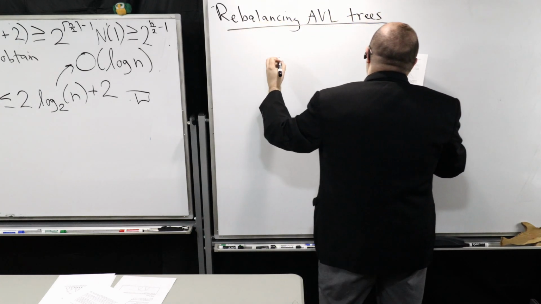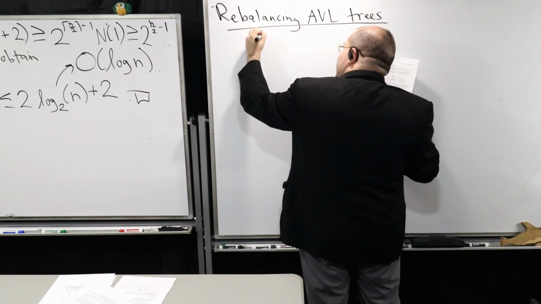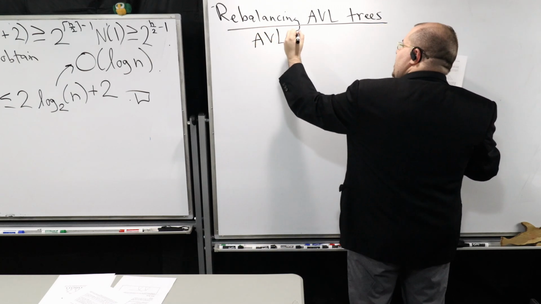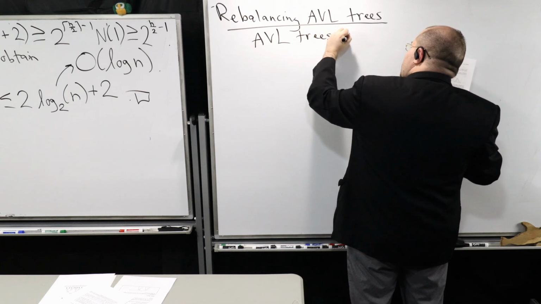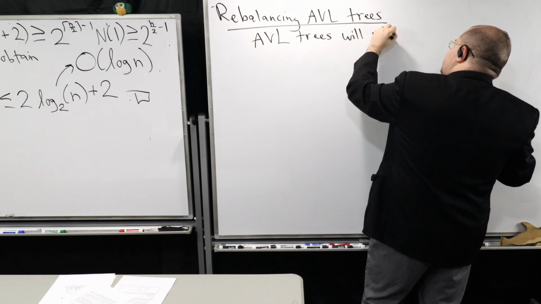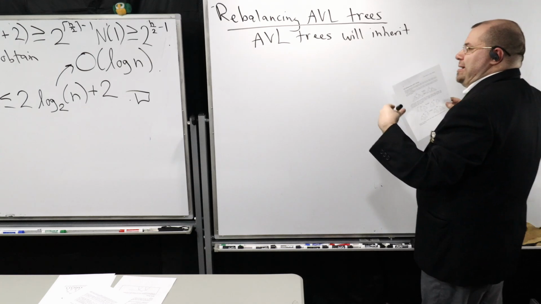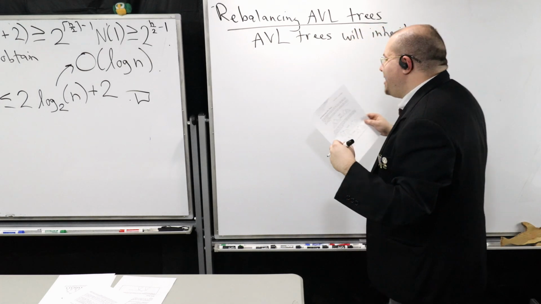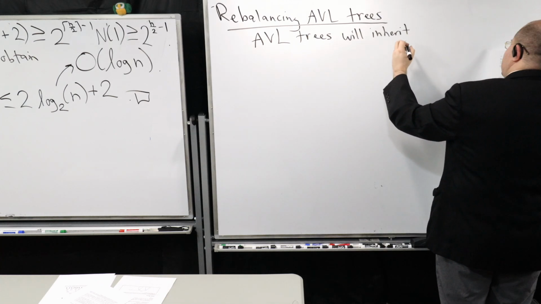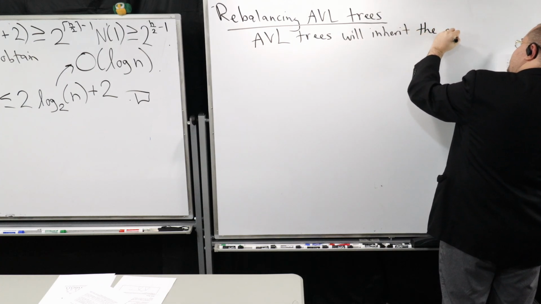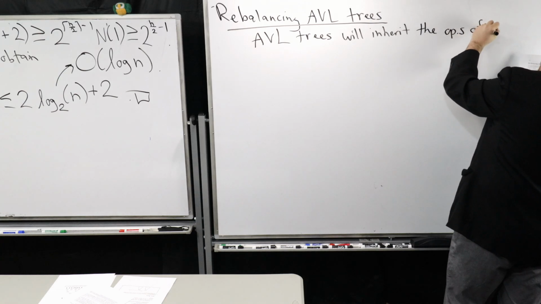So let's talk about rebalancing AVL trees. The first thing I need to point out, as I mentioned just a moment ago, is that AVL trees will inherit, both figuratively and literally, if you're thinking in an OO kind of way, the operations of a BST.